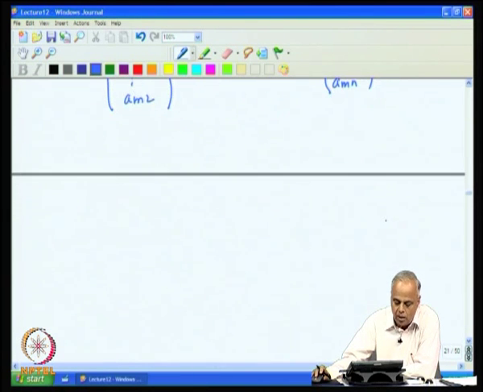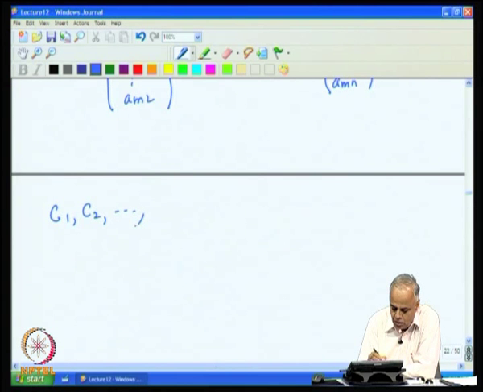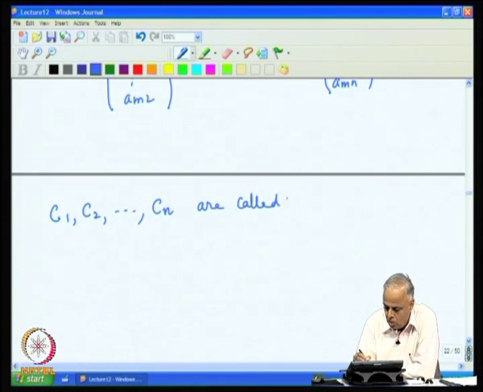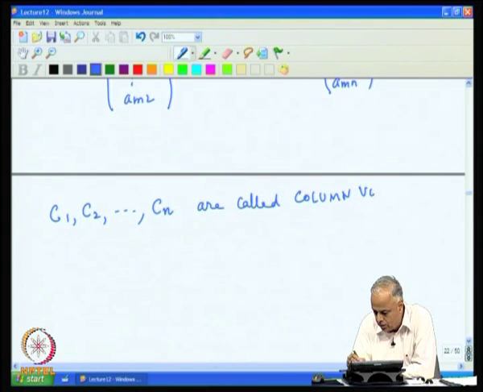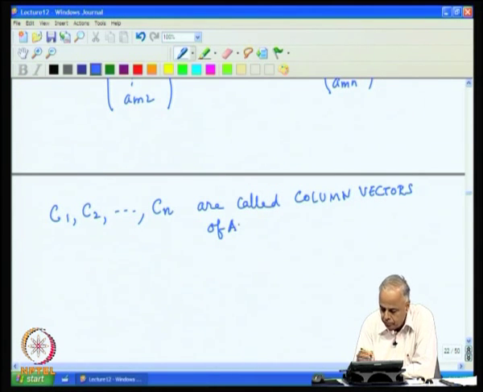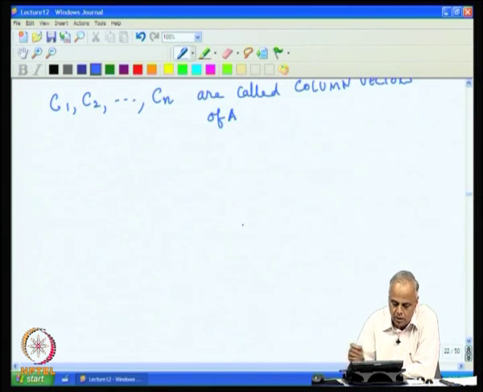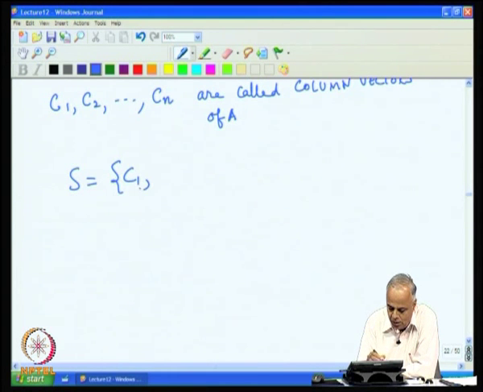These are called the column vectors of A. C1, C2, Cn are called column vectors of A. Now, let us consider the set of vectors C1, C2, Cn.